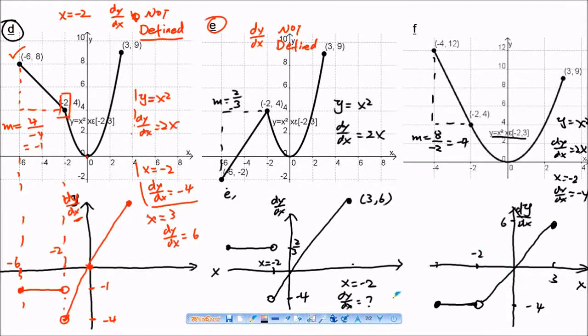In this graph I can say the gradient graph is continuous, so at this point there I put a filled circle. Only in this graph, when both the original graph and the gradient graph are continuous. So at the point of joint, when x equals -2 in this case, the differentiation is defined, which is -4.